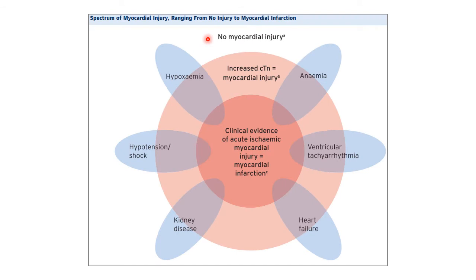So this figure sets out the spectrum of myocardial injury, ranging from no injury through myocardial injury and its associated clinical context, through to infarction, where there is clinical evidence of acute ischemia. The associated contexts may include anemia, hypoxemia, hypotension and shock, kidney disease, or heart failure, or ventricular tachyarrhythmia.